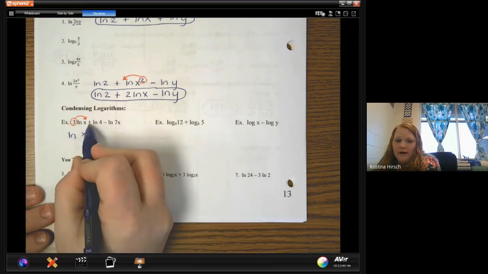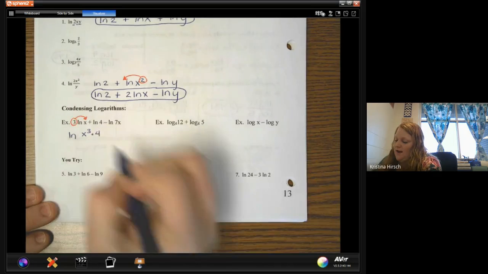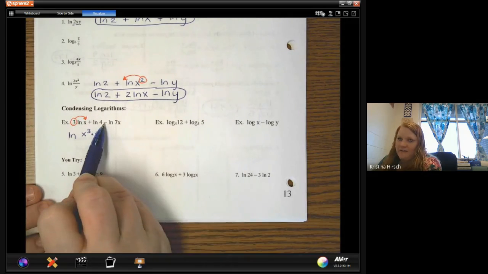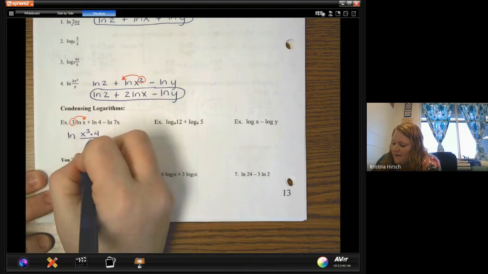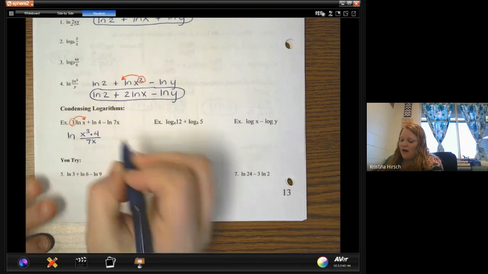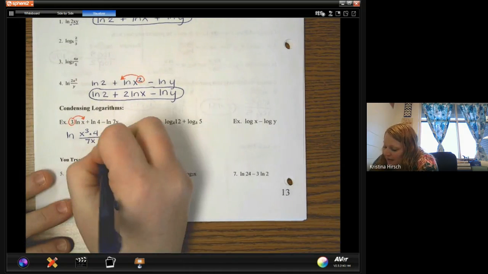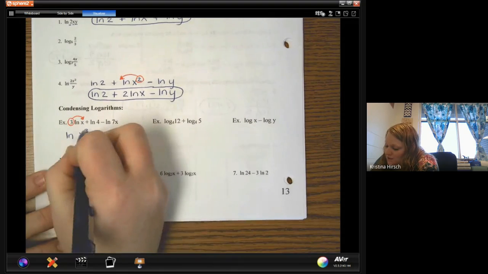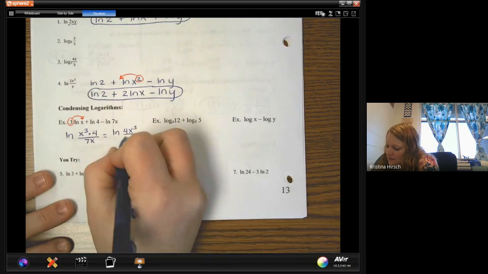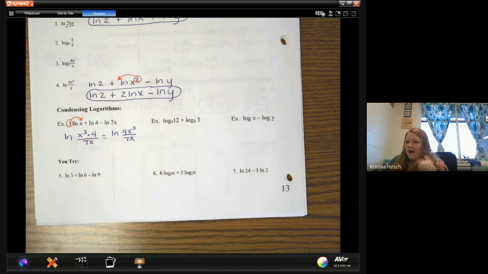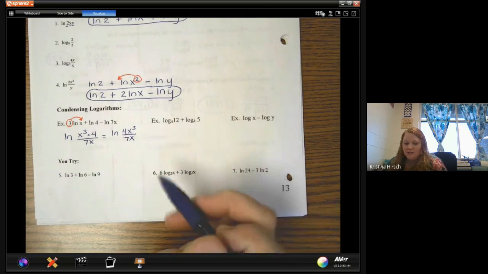plus tells me to do what? Multiply. So we're going to multiply by 4, and then subtract tells me to divide by 7x. So divide by 7x. Now we just need to clean that up a little bit. So we're going to have the ln of 4x cubed divided by 7x, which we could technically simplify a little bit more, because x cubed over x is really just x squared.